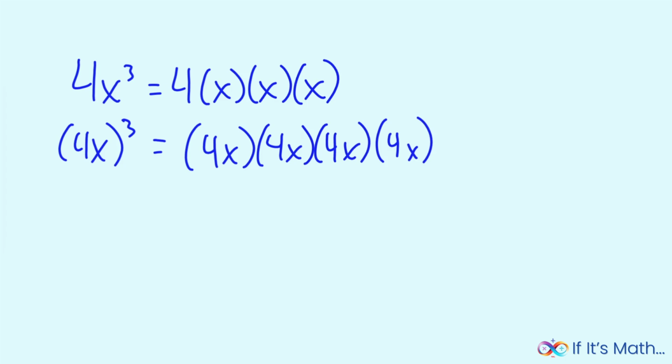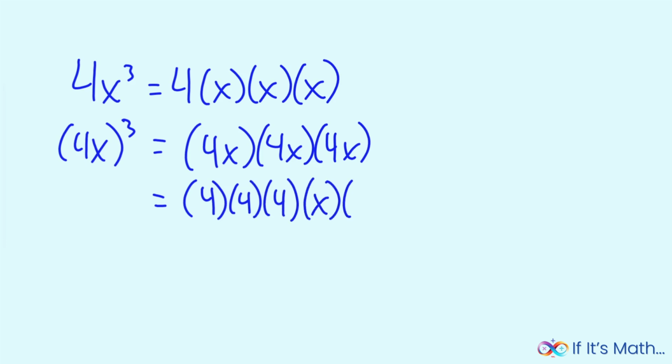So then if you needed to simplify this out, 4 times x to the third, so just 3 of them. Remember you can use the correct properties here to put all the 4's together, then the x's together.